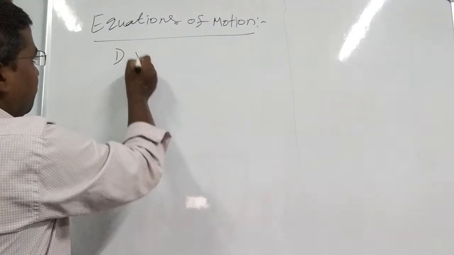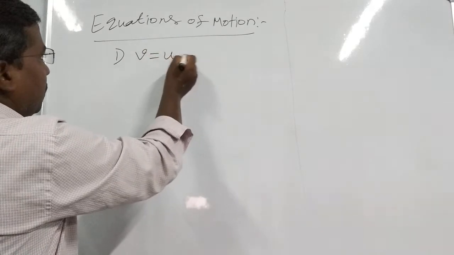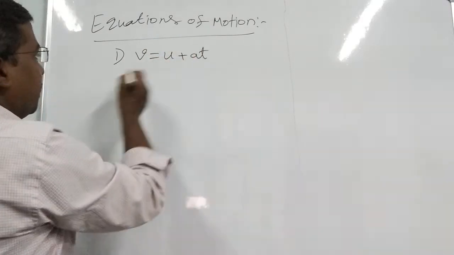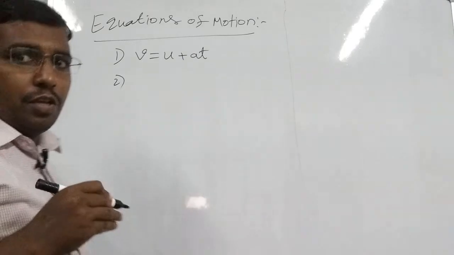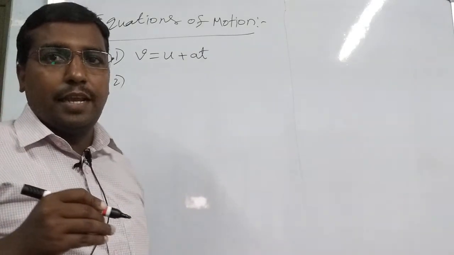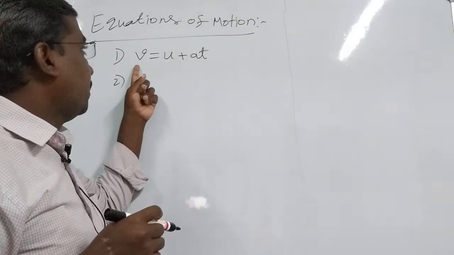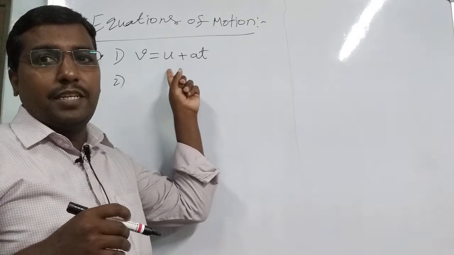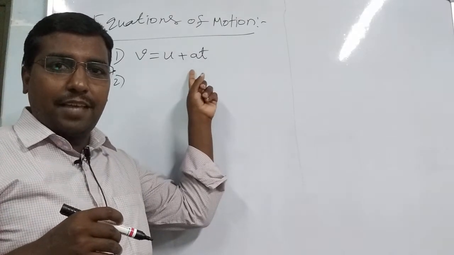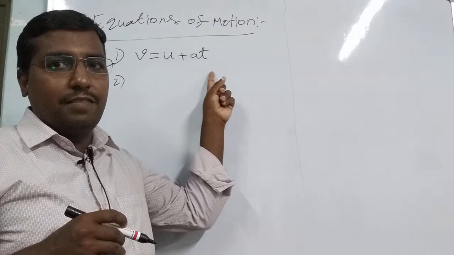One is v equal to u plus at. v is the final velocity, u is the initial velocity, a is the acceleration, and t is the time.